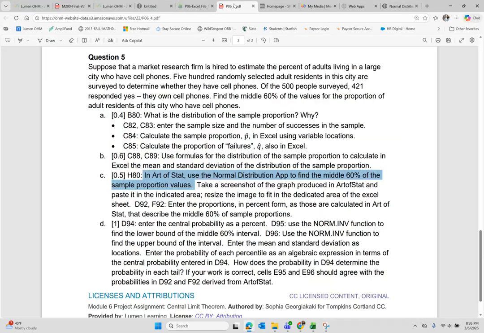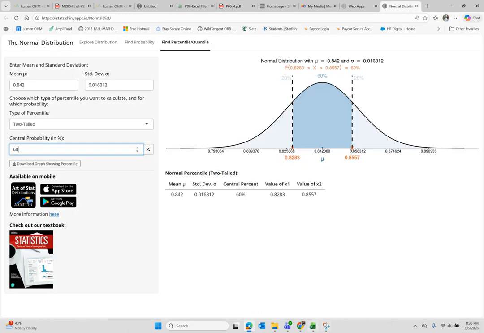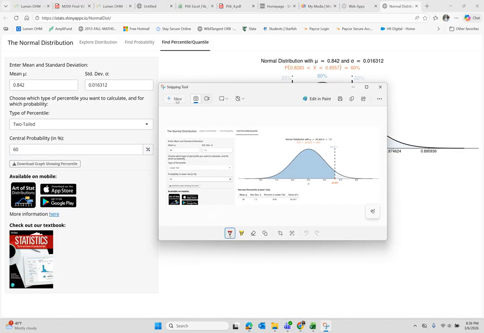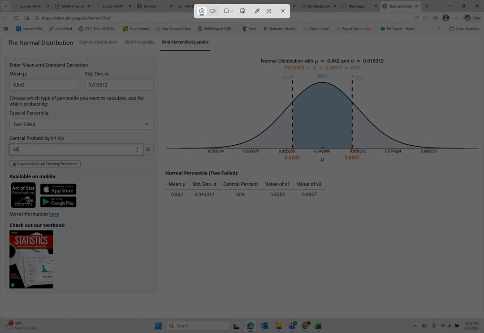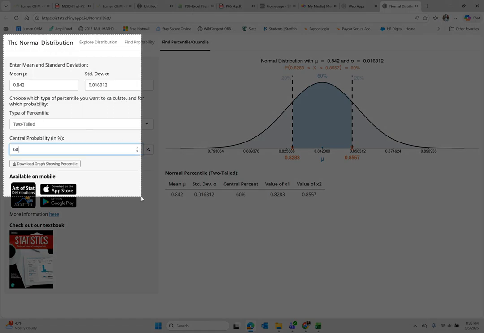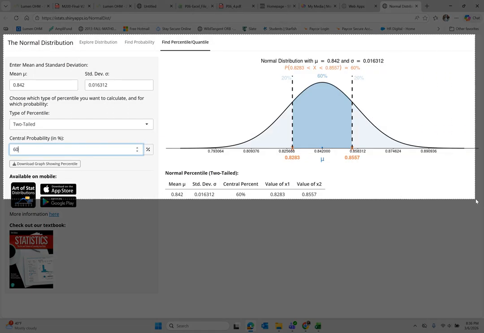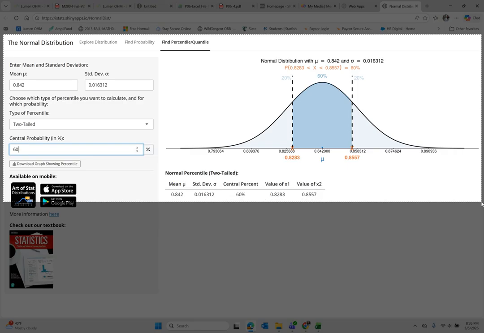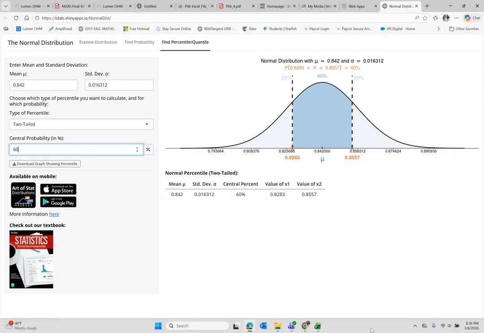So the project is asking us to take a screenshot and place it in the dedicated area. So let's take a screenshot. Remember to include the name of the app, the left pane with all your answers, and any tables below the graph.